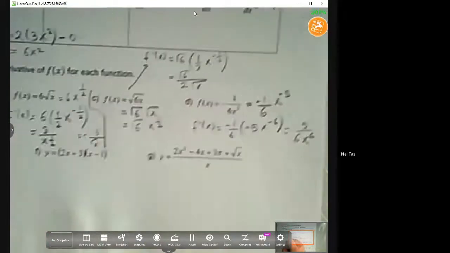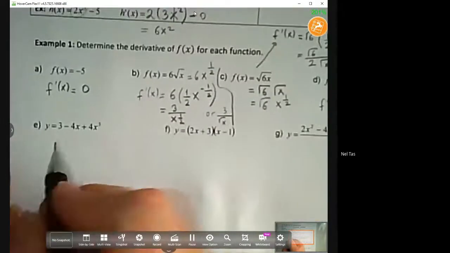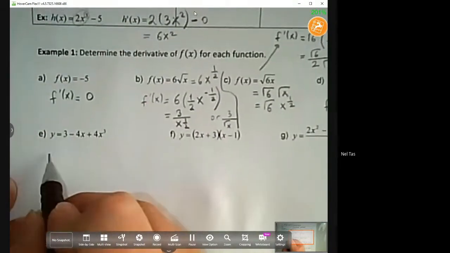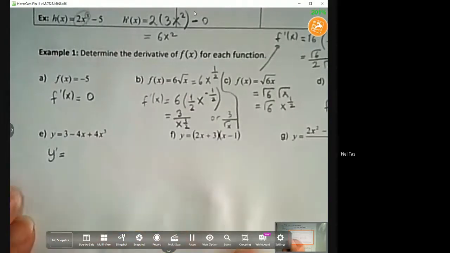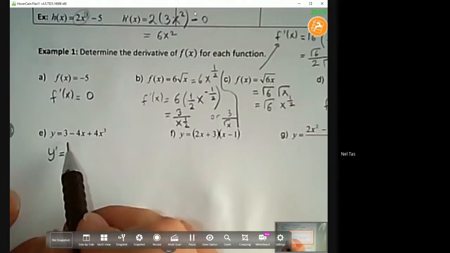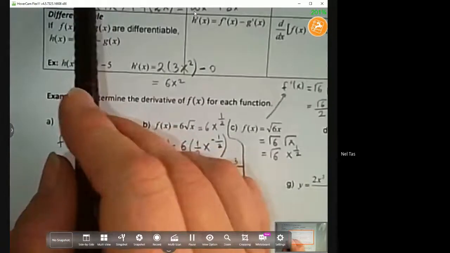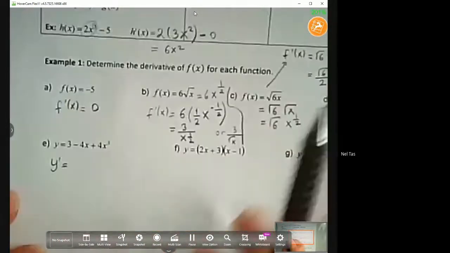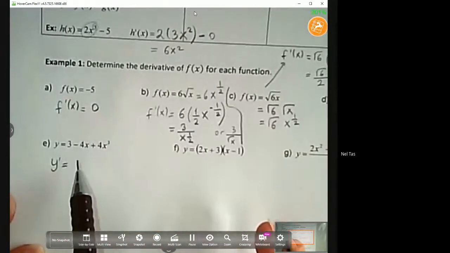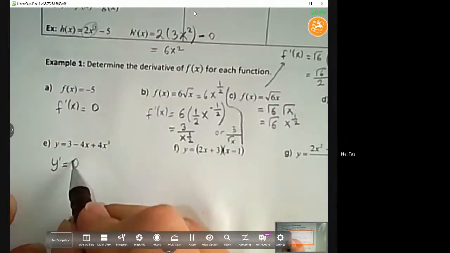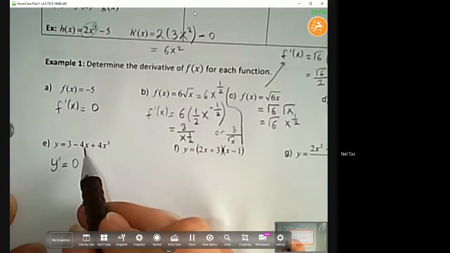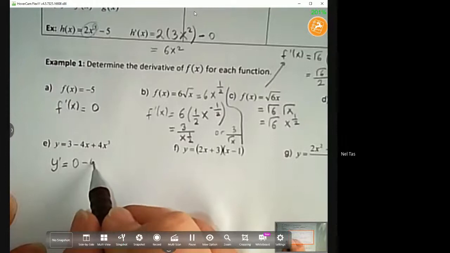So next one. We have y equals 3 minus 4x plus 4x cubed. So we're going to use the sum rule and difference rule. So the derivative of 3 is 0. Derivative of negative 4x: keep the constant negative 4.